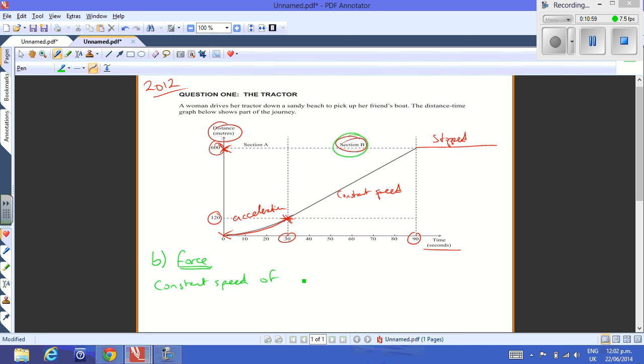The constant speed was 8 meters per second, so the speed is essentially unchanging. He's traveling at a constant speed of 8 meters per second for that 60-second period, which means that the forces acting on the tractor must be balanced.